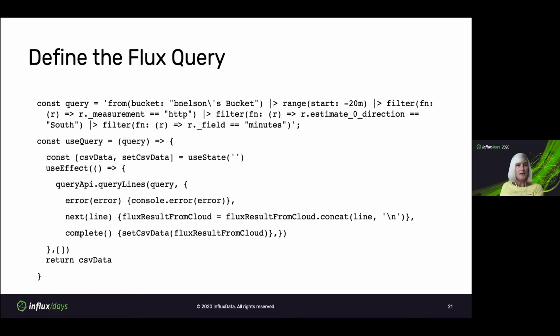And so I basically iterate through, getting this line by line, getting all the data back, and setting it in as annotated CSV, which is what my React application is expecting. So my query is exactly the same as if it was in the dashboard, nothing different about it. I'm just running it from my React application.